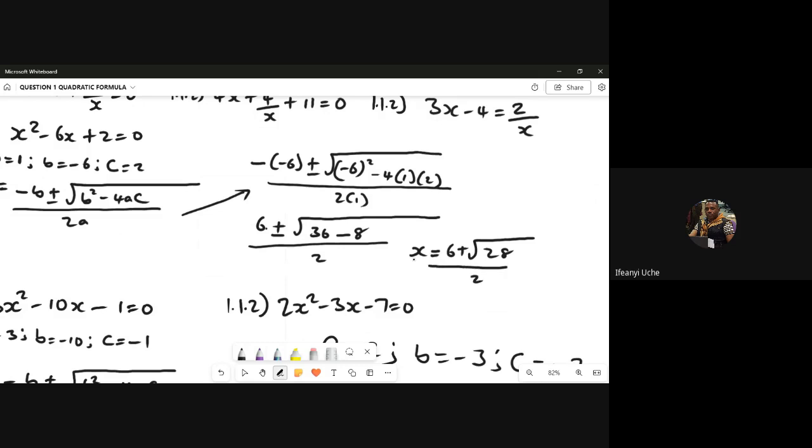Then when you're done with your calculator, we're going to have 6 plus root 28 divided by 2, which gives us, in decimal places, x is equal to 5.65.